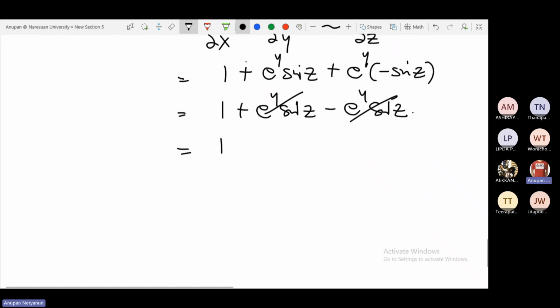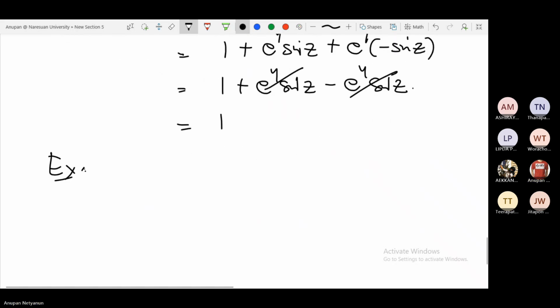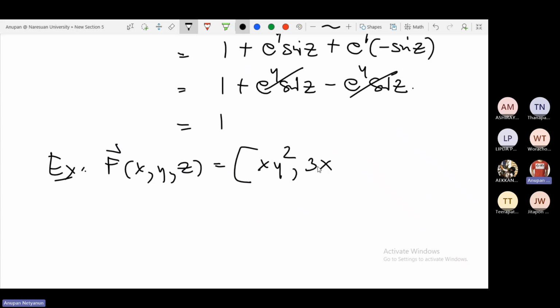Let's say you have this one, which is a vector function f of x, y, z is x y squared, 3x y squared z cubed, and then y z cubed.